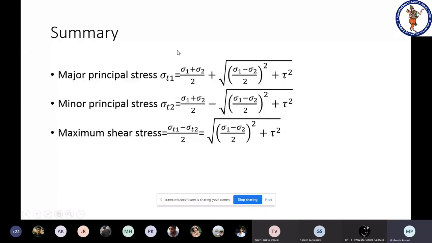These are the three important equations we have to remember in unit number 1 to solve problems under theories of failure. As we have discussed earlier, theories of failure come into the picture whenever a component is subjected to different types of loads.